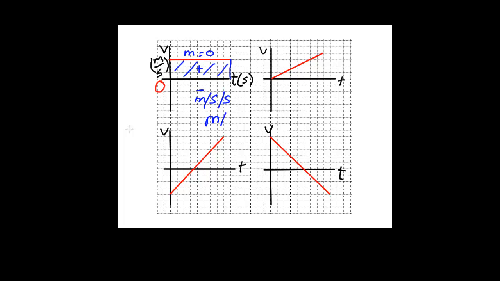Well, that's meters per second squared. And so we're left with a very, very important idea: slope on a velocity time graph is the acceleration. So you need to memorize that. That would be very useful in looking at graph problems. The slope on a velocity time graph is the acceleration.